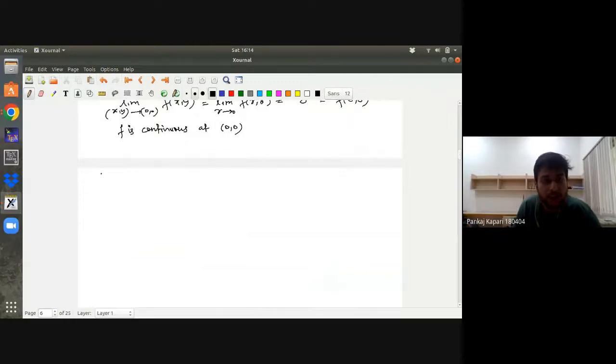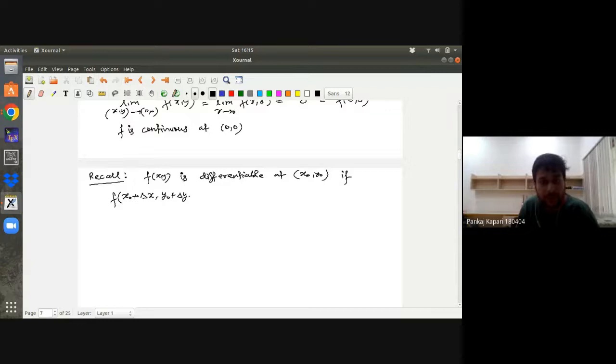Okay, so now recall, just for recall, that we say that the function f of two variables is differentiable at some point, let's say some x naught comma y naught, if you give x naught an increment delta x and y naught a little bit of increment delta y, then you calculate this total change in the function.